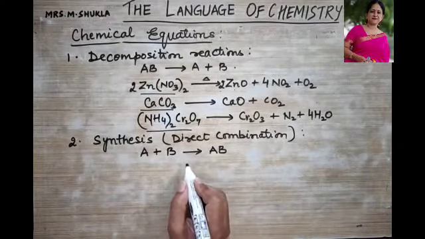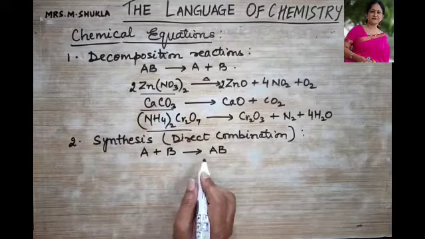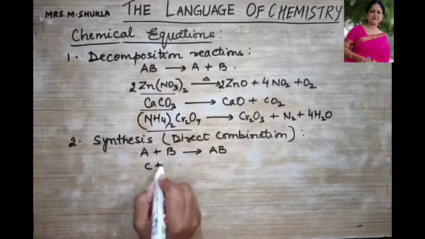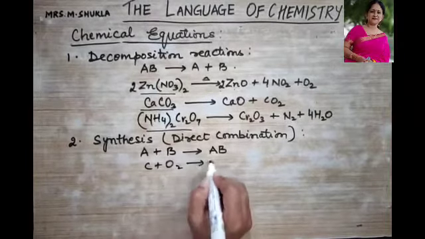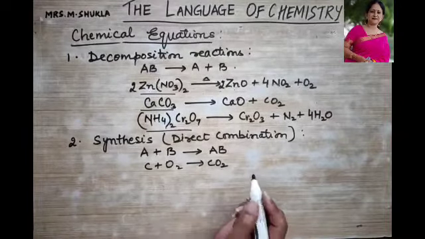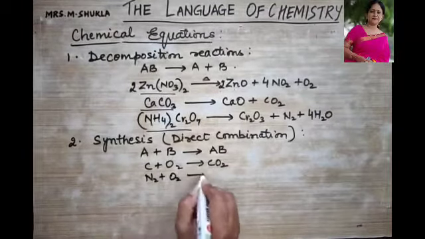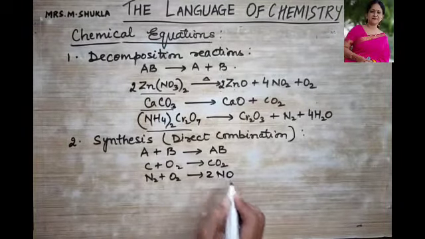Then it is termed a synthesis reaction. Let's check certain examples, like C plus O2 gives CO2, right? Then N2 plus O2 gives 2NO.